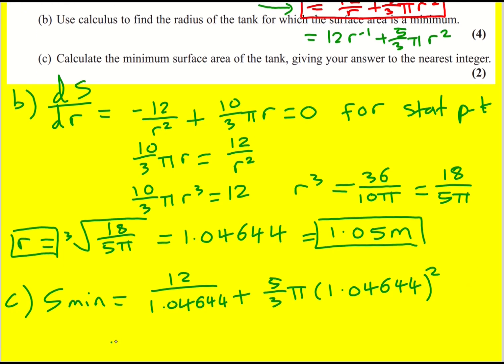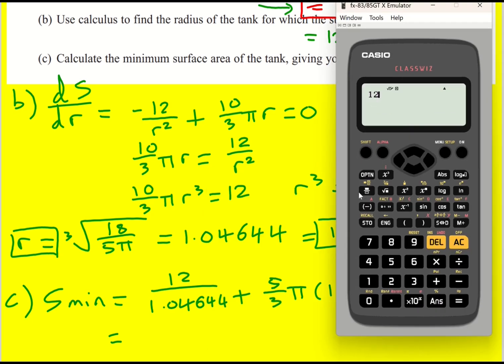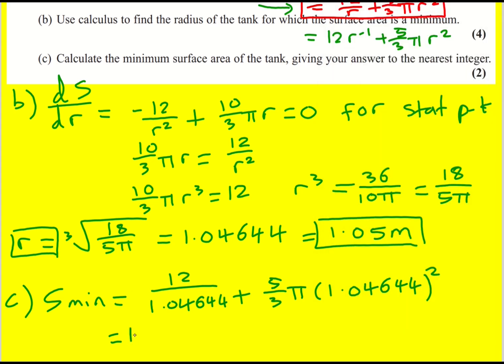So we can put this into our calculator, using the answer button. So 12 over answer plus 5 over 3 pi times answer squared gives us 17.201, or just 17.2 meters squared. Good job.